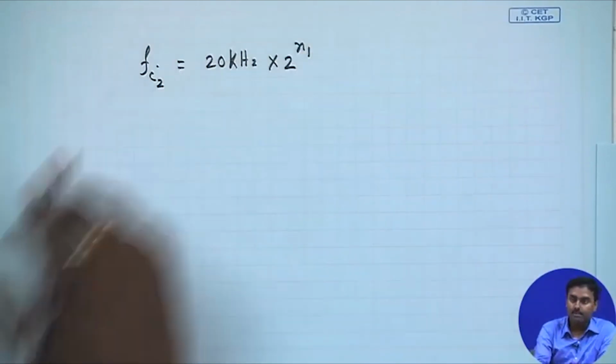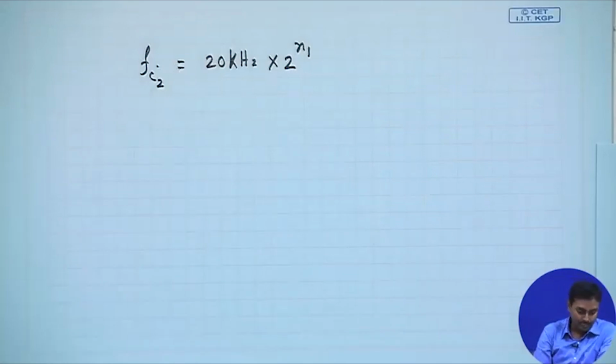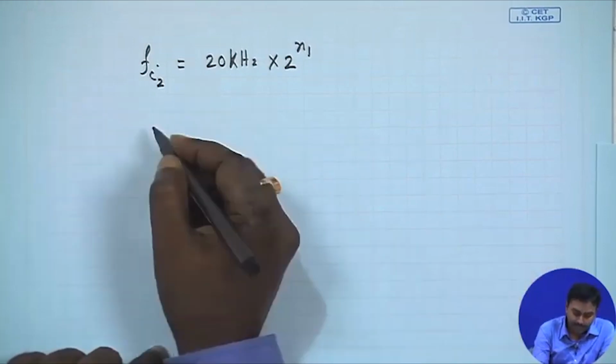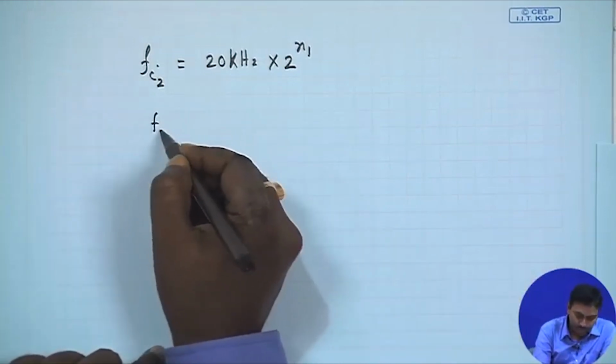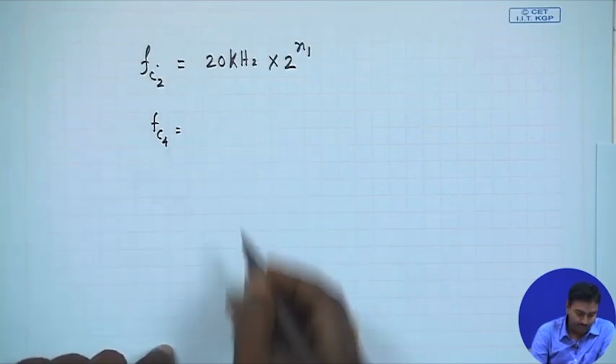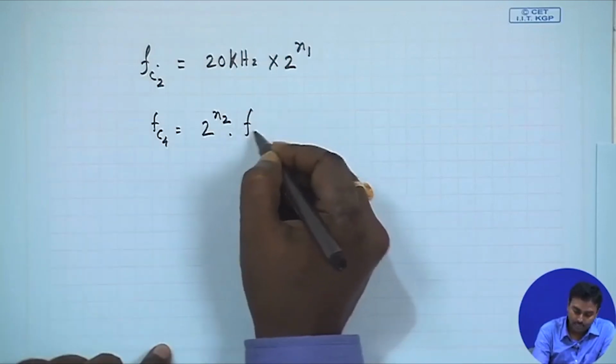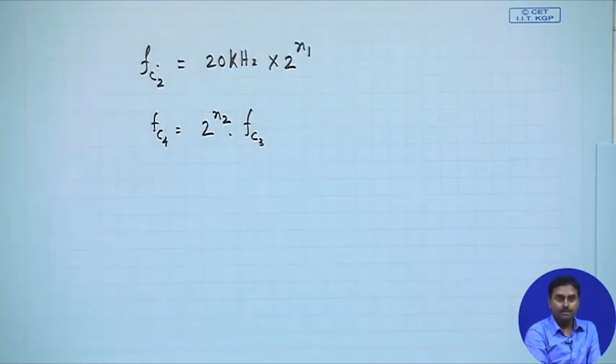So, I get a value of Fc2, right. And correspondingly I can also write Fc4, that must be 2 to the power n2 into Fc3, right.